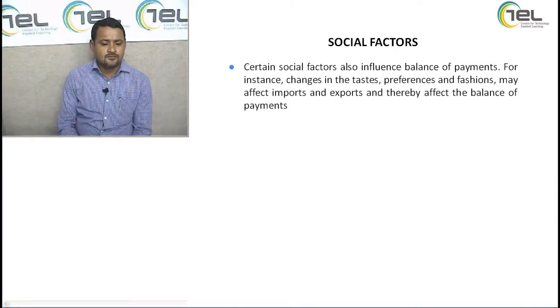The last of these factors is social factors. There are certain social factors like taste, preference and fashions. They cause us to import fashionable goods. We like to wear Red Tape, Dolce and Gabbana, Nike, but how many of them are produced in India?